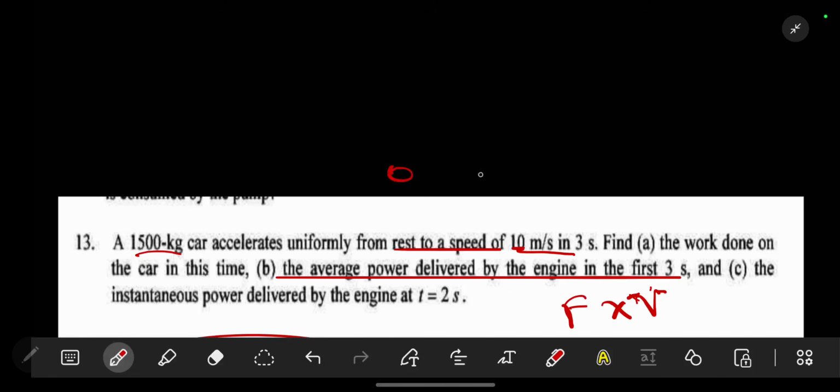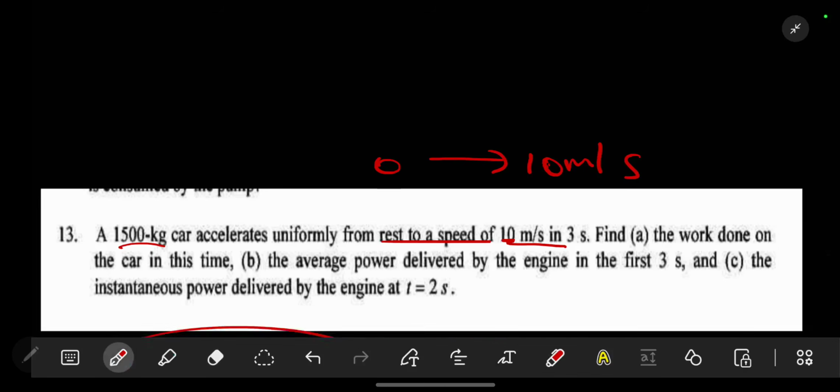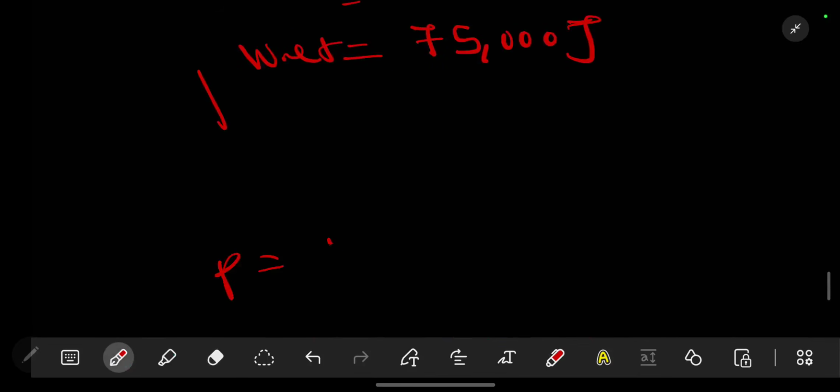It was from 0 to 10 meters per second. We don't use this formula unless the speed is constant, or they want an instant, but they want the whole 3 seconds. So, knowing our definition, power is equal to the work done over the time taken.